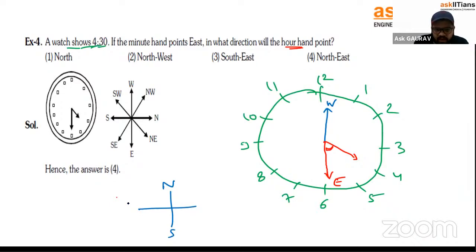Generally, we have west, east. From east, clockwise 90, we have south. And the opposite of south is north. So our hand is showing the northeast.